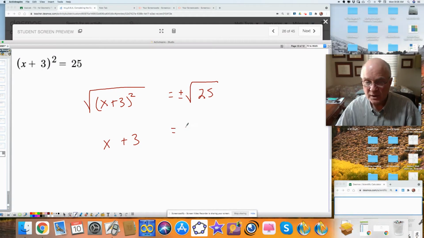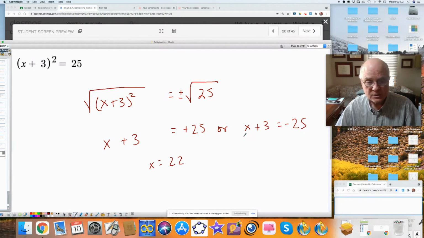So x plus 3 is equal to plus 5, or x plus 3 is equal to minus 5. If I subtract 3 from both sides here, I get 2. Or if I subtract 3 from here, I get a negative 8.